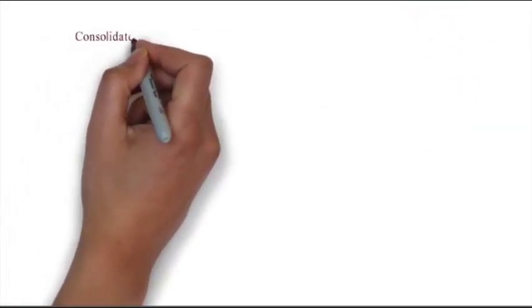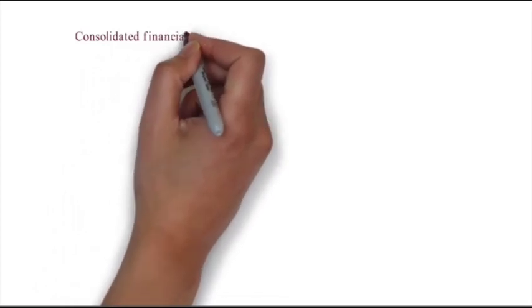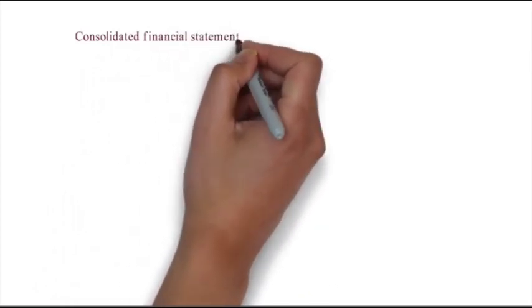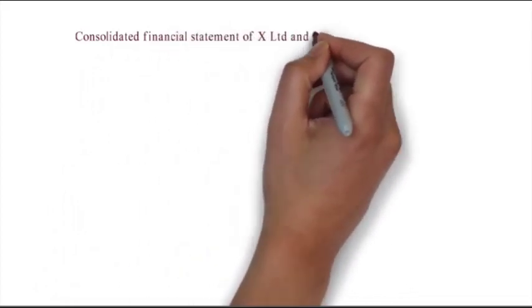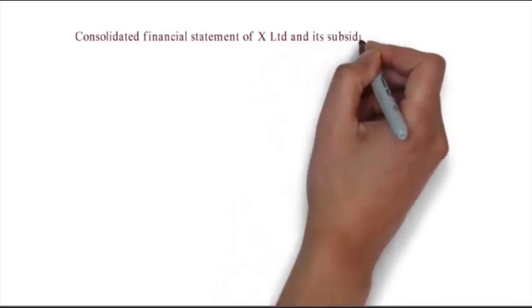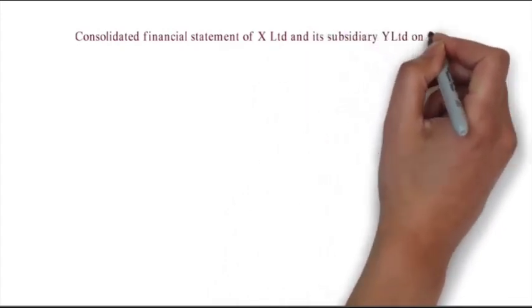Then consolidated financial statement of X Limited and its subsidiary Y Limited on 31st March 2020. At the time of preparation of consolidated balance sheet, we have to remember one thing. From the liability side of balance sheet of subsidiary company, we eliminate share capital and reserve and surplus. From the asset side of holding company, we eliminate non-current investments.